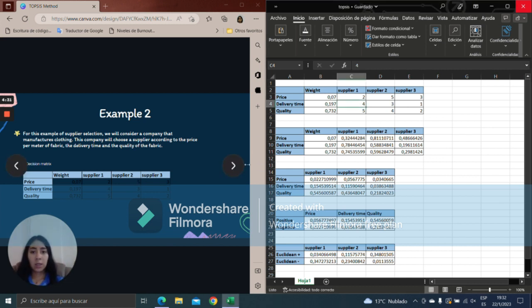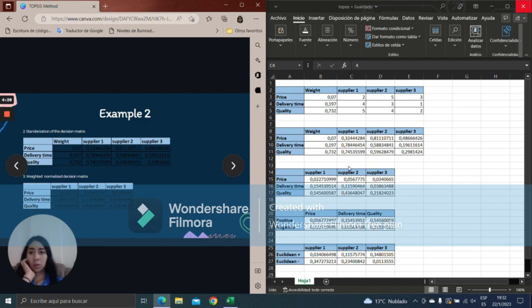And we can see in the Excel the second step, which is the standardization of the decision matrix. We can see here the formula we use to get the numbers, and then we need to do the weighted normalized decision matrix, where we multiply this number by the weight of each criterion.